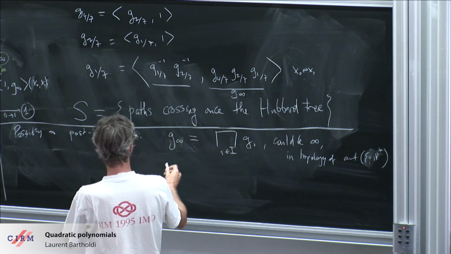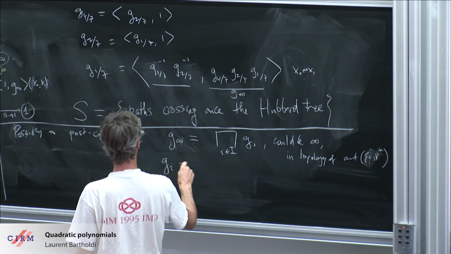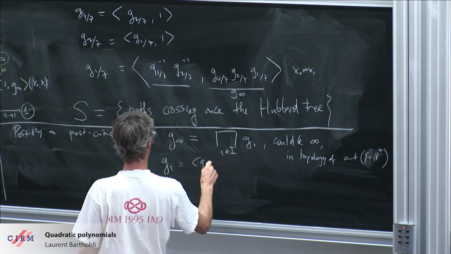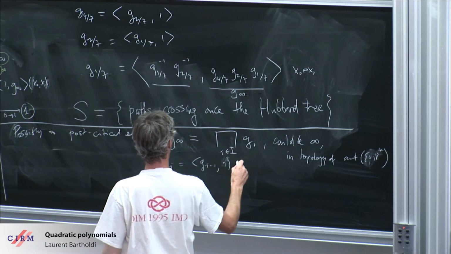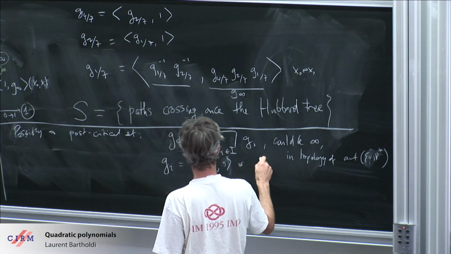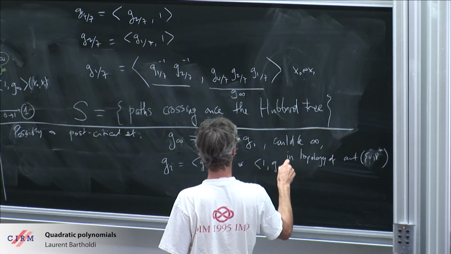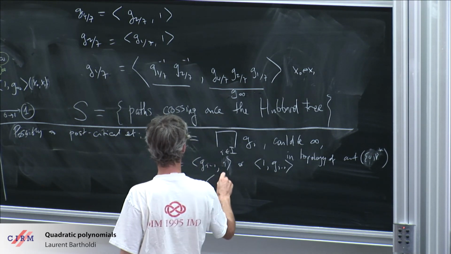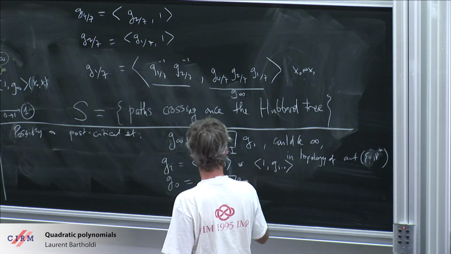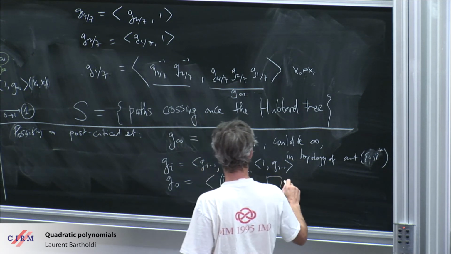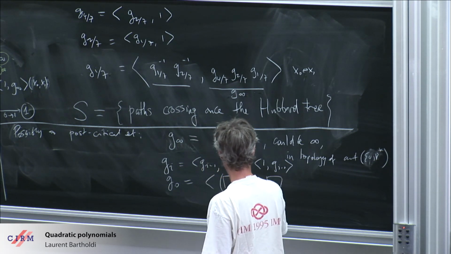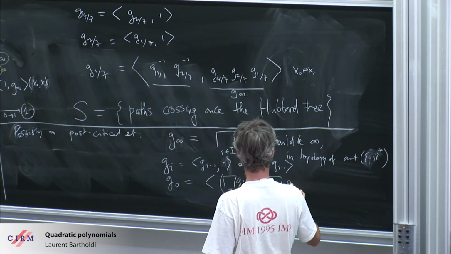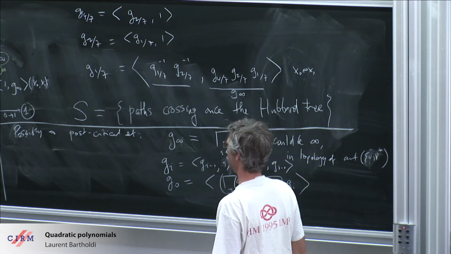And then you have formulas of the form Gi is Gi minus 1, 1, or 1, Gi minus 1, except for the first one, G0, which will be equal to some product of Gi on some index, and here, a product of Gi's on some other set.